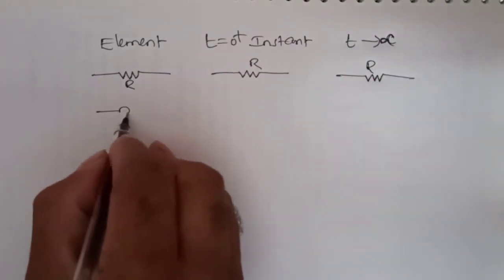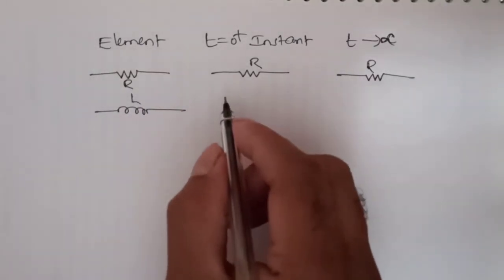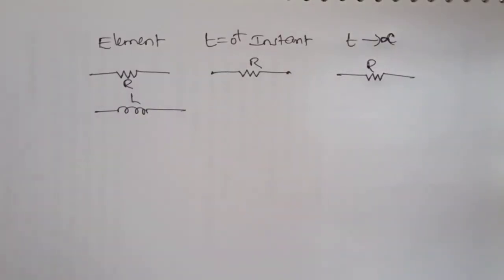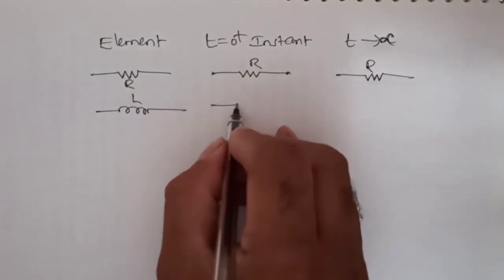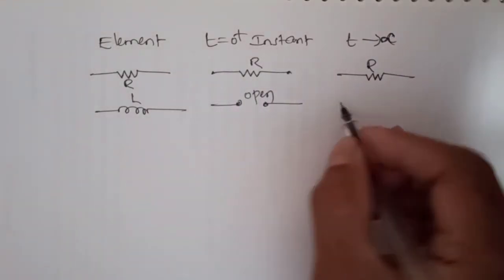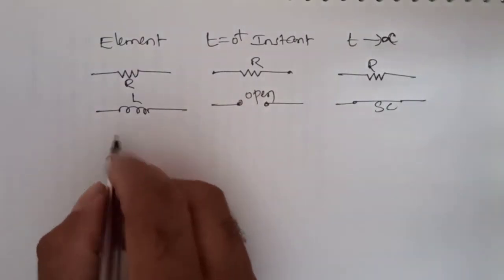Let us take the inductor L at t equal to 0 plus instant. Just now we discussed, if there is no charge in the inductor, it simply acts as an open circuit. And at steady state, the inductor acts as a short circuit.